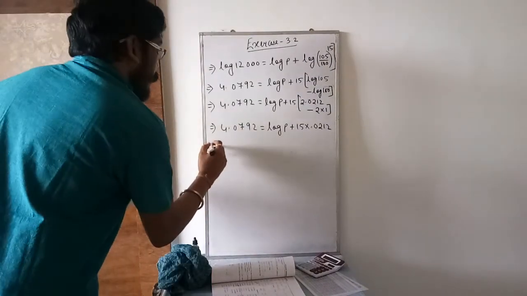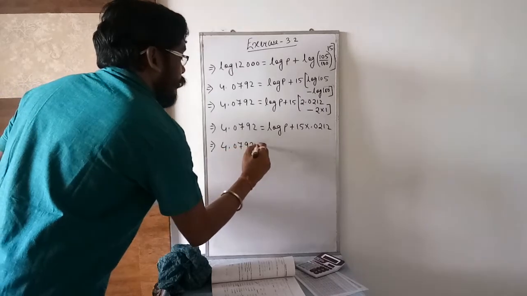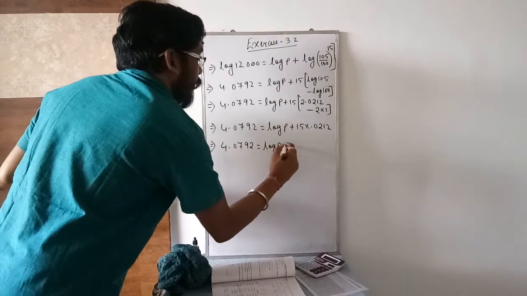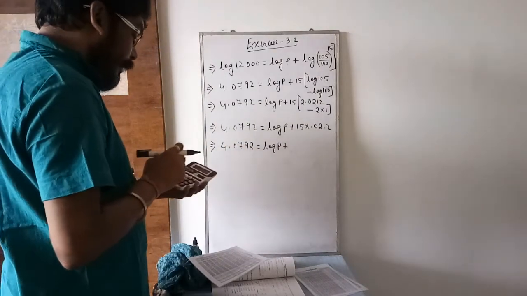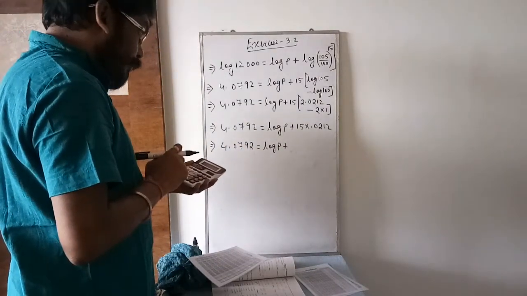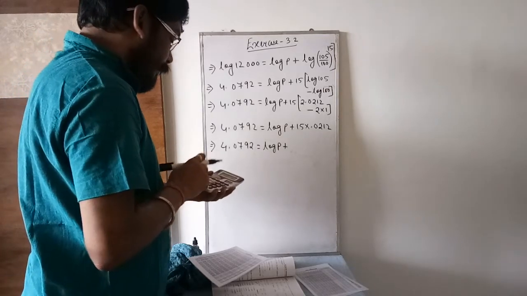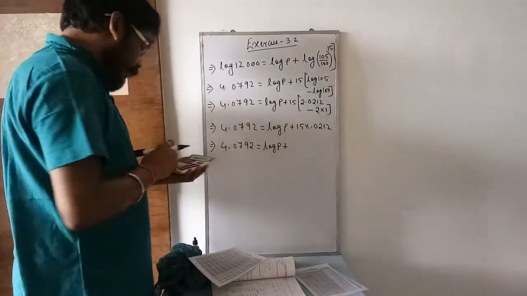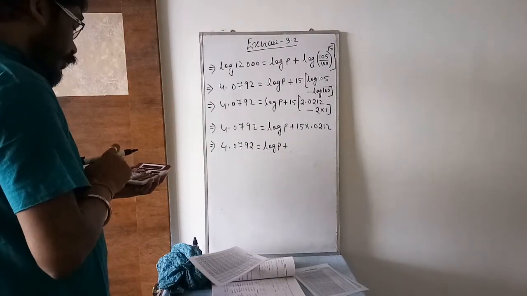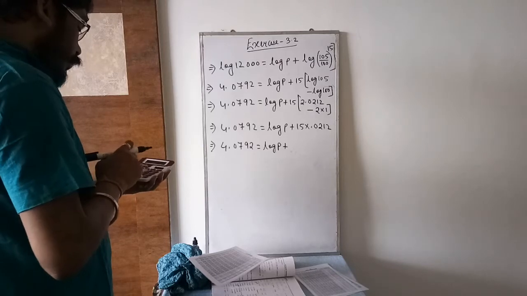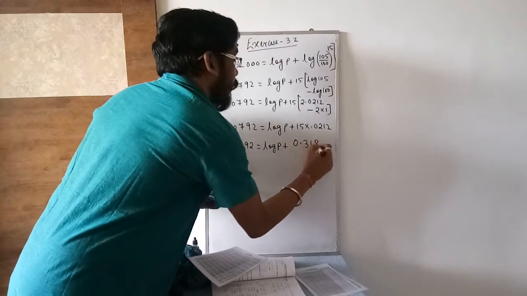So here 4.0792 equal to log P plus 15 into 0.0212. Let me do this multiplication, 15 into 0.0212. Just a minute. It will be 0.318.